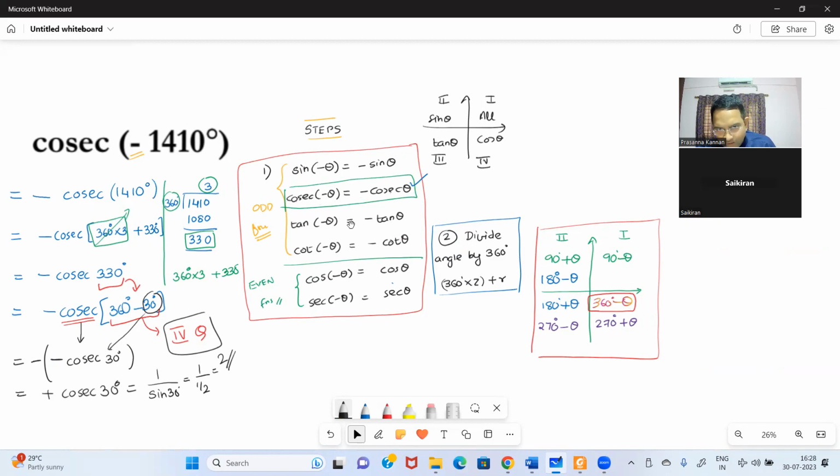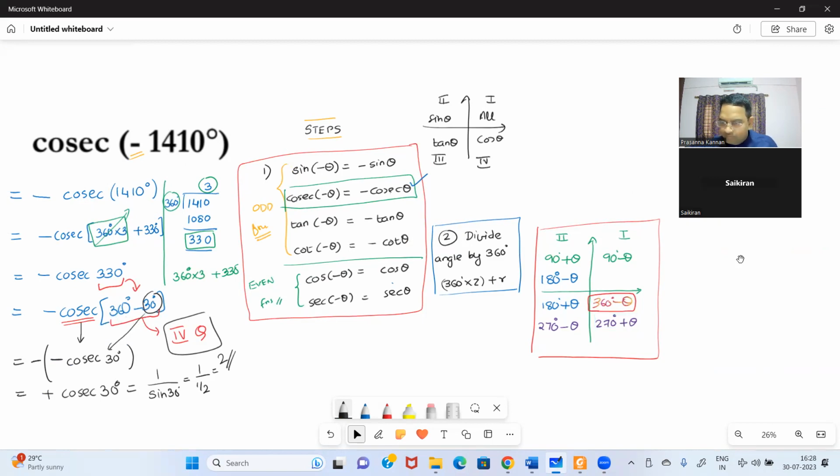Then because the angle is more than 360, you will divide by 360 and get it in the form 360 into 3 plus remainder. Because you're rotating 3 times by 360, it is not going to change the position. So you remove it and write 330. You write 330 in the form 360 minus theta, 360 minus 30, correct?